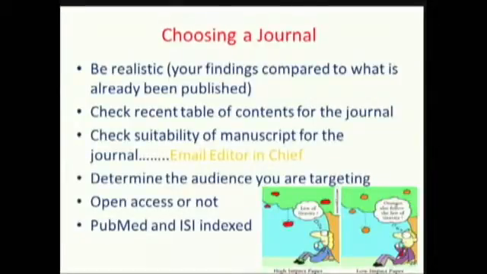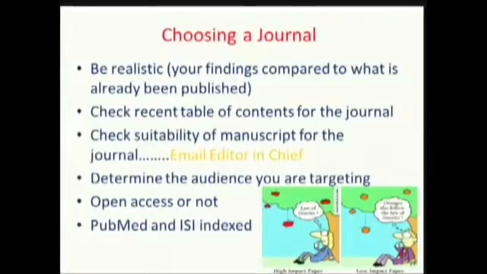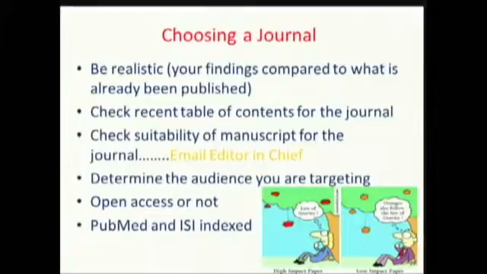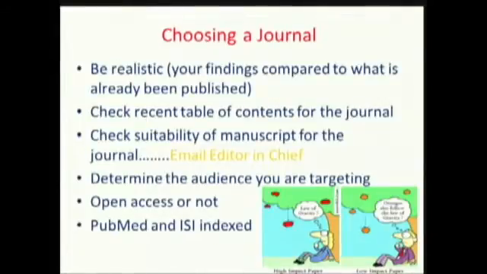So if you send it to 5 or 10 journals and they reply and say, yes, it fits into our scope, at least you guarantee that the article will go through the review process. So you save time. Also, look at the table of contents and try to determine if your work fits into the journal.